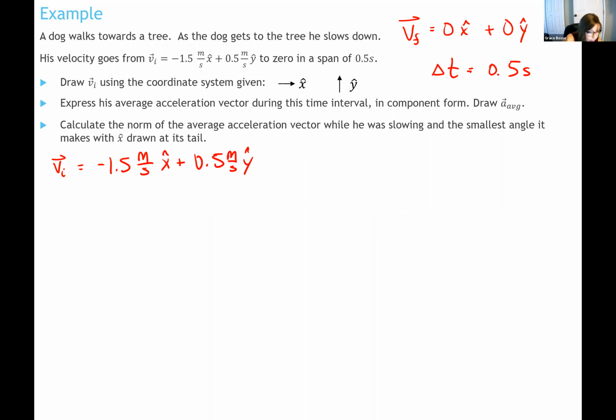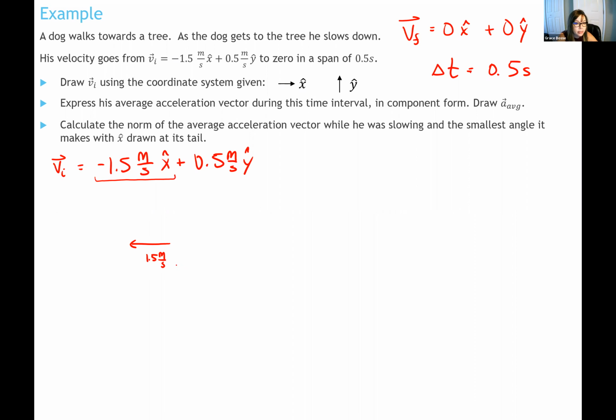So vi is the sum of negative 1.5 meters per second times x hat plus 0.5 meters per second times y hat. This component right here is the vector component in the x direction, negative 1.5 times x hat. If x hat points to the right, then negative 1.5 points to the left with a length of 1.5 meters per second.